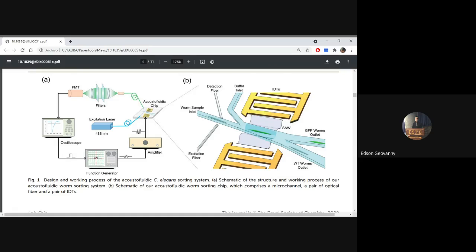Each worm enters the detection window where two optical fibers distinguish the worm genotypes. If a worm is identified with green fluorescent protein, the IDT is activated to generate SAW. The worm is pushed to the desired exit. Otherwise, the worm will flow towards the exit of the wild-type worms.